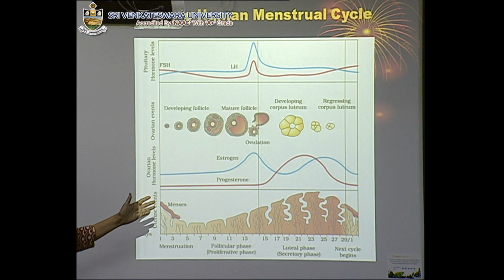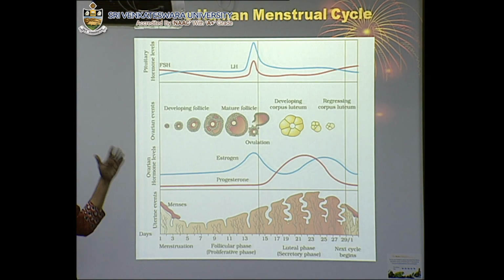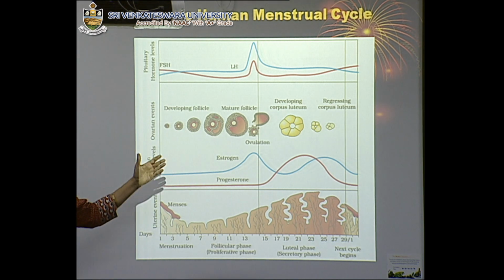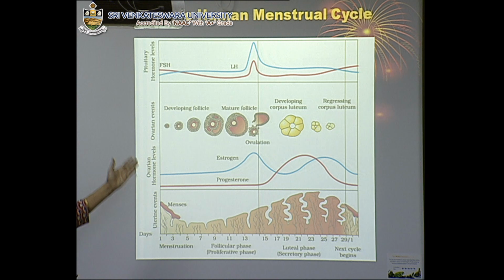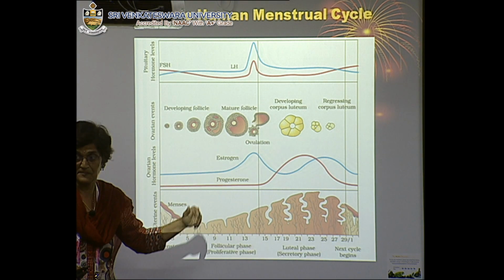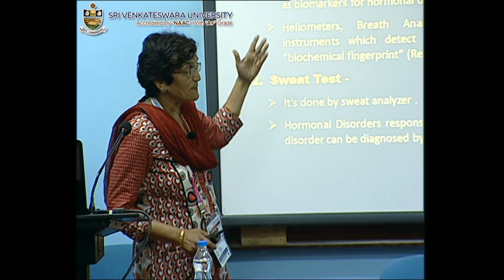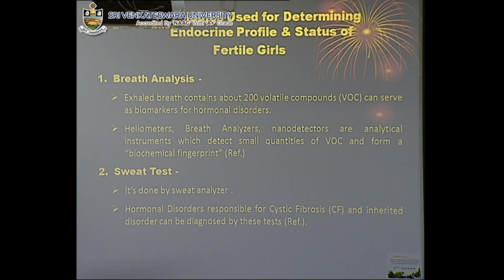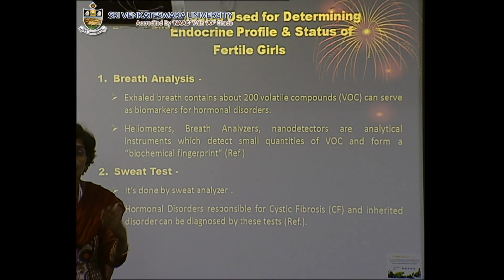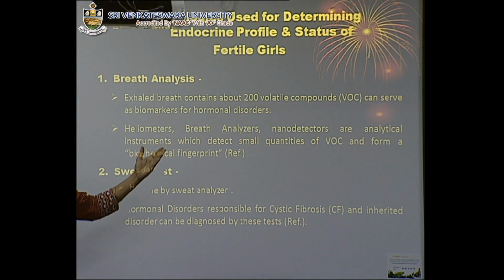And this slide shows the hormonal cycles of FSH, LH, estrogen and progesterone and their effects on ovarian and uterine cycles. The main purpose of our technology is the determination of the endocrine profile and status of a fertile girl.